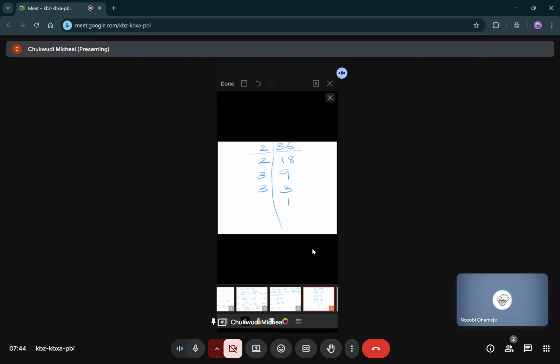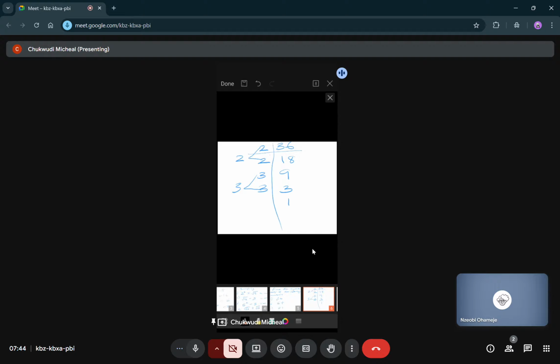Good. Now, at this point, I'm done dividing the whole number. Remember, I'm not looking for LCM. What I'm looking for is the square root of 36. Now, what I'm going to do is group these numbers in pairs. I'll bring out one of the 2s here, and I'll bring out one 3 here. So for each 2 numbers, I pick 1.